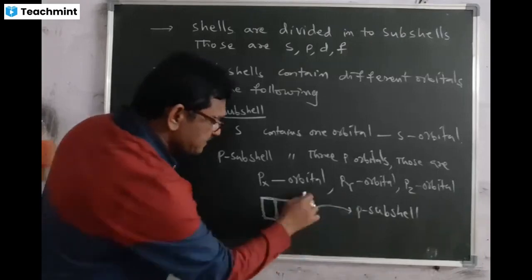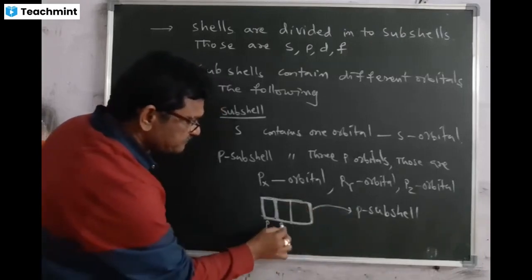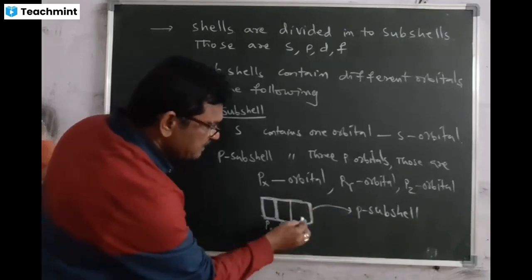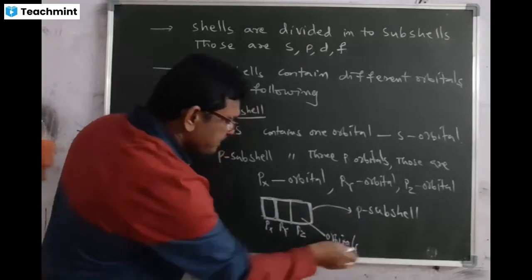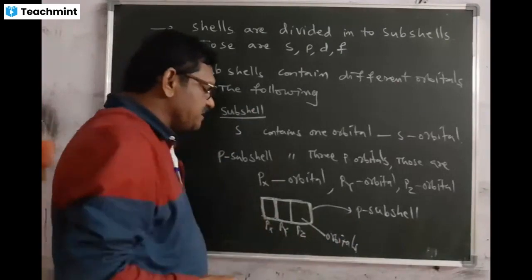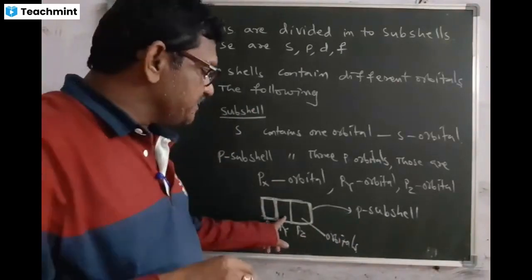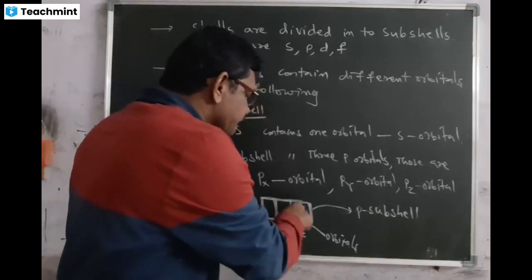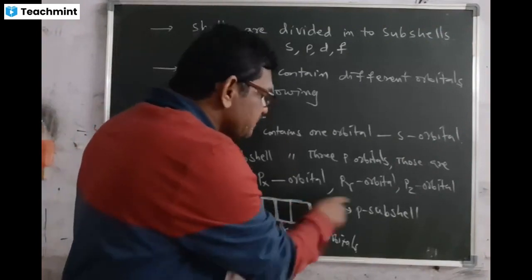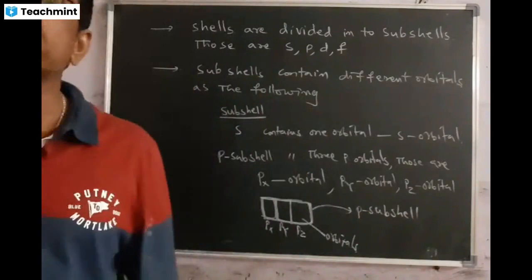Px is one orbital, py is the second orbital, pz is the third orbital. Px, py, pz, all orbitals collectively are called the P subcell.